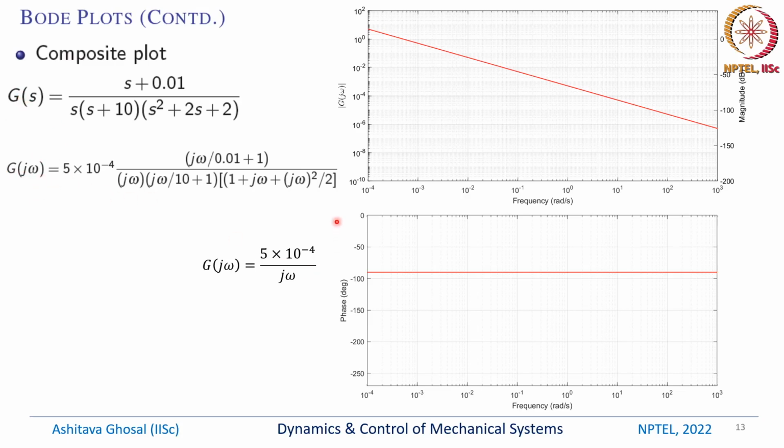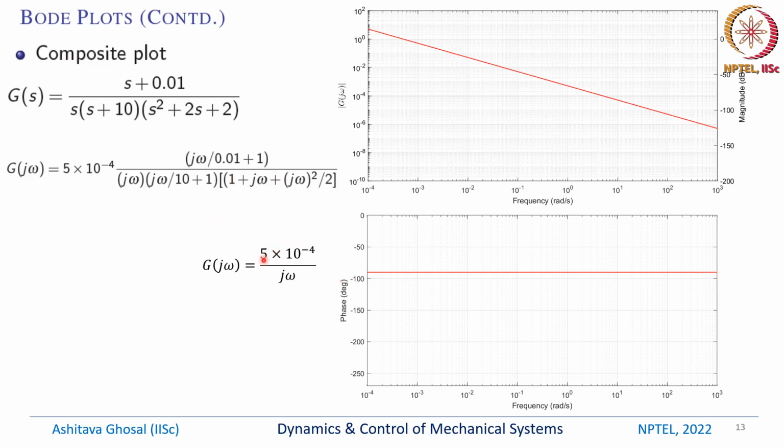Then we can plot individual terms. Remember, if G of j omega is a product of G1, G2, G3 and so on, we can look at each one separately, plot each one, and then smoothly connect each of these parts of the magnitude and phase plots.